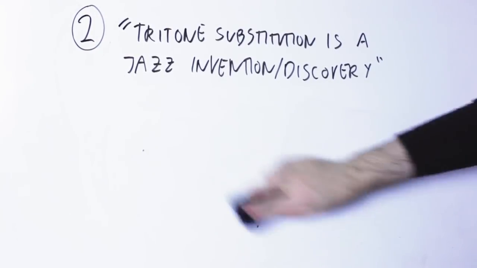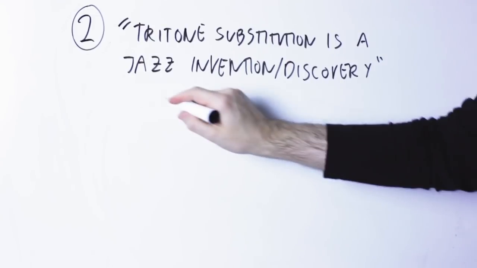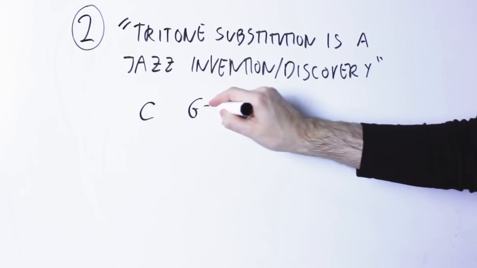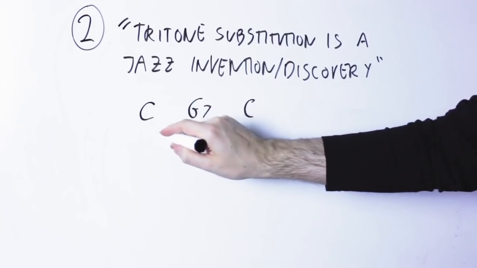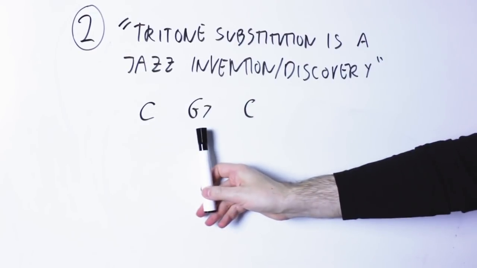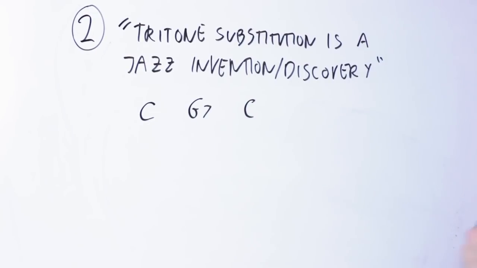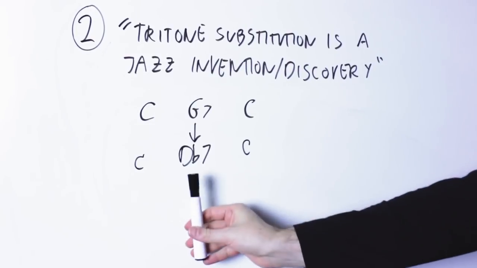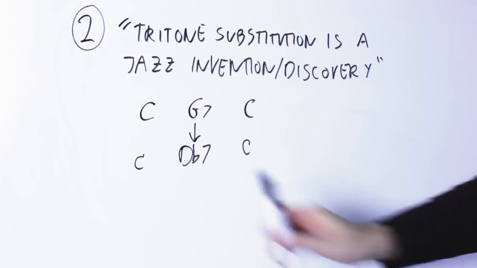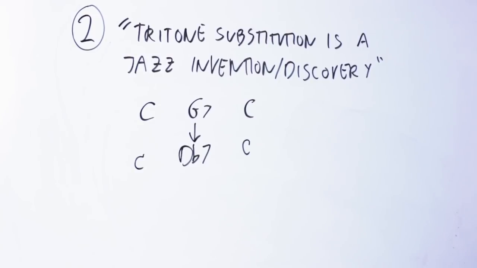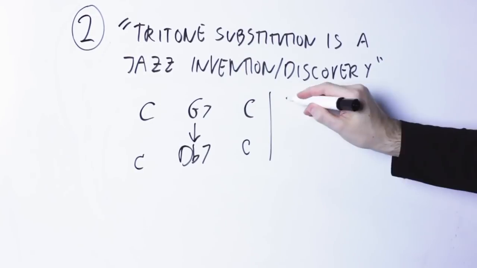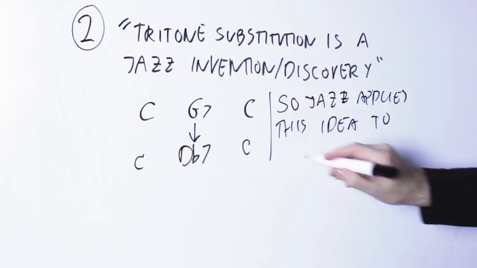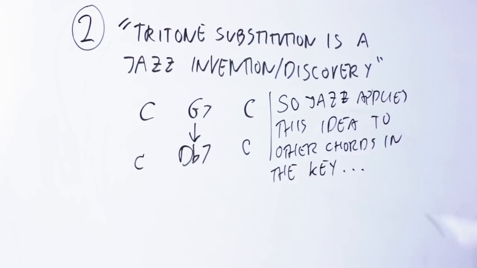For instance, I can apply the tritone substitution directly to this G7 chord, and so transform the chord progression C, G7, C into the chord progression C, D flat 7, C. So the great novelty of jazz harmony would have been to apply this kind of idea and tension to different chords in the key and not only to the fifth chord of the key.